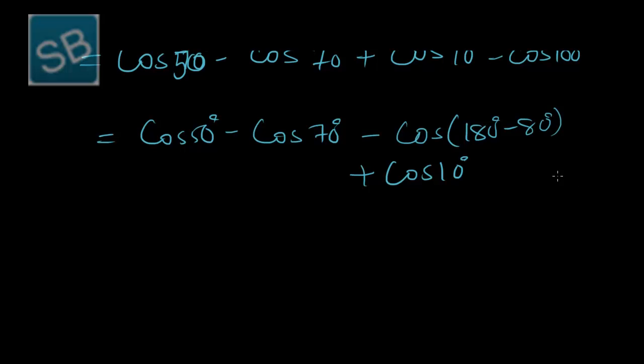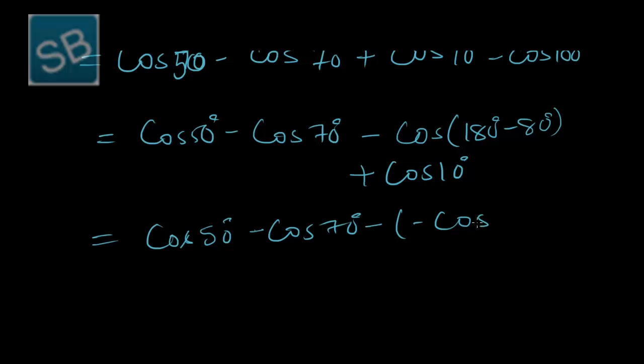We have the expression cos 50 degree in the right hand side. So we have this, and cos 70 degree is as it is. It gives cos (180 minus theta), which is minus cos theta in the second quadrant.